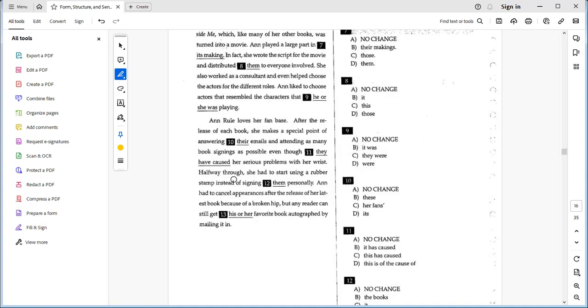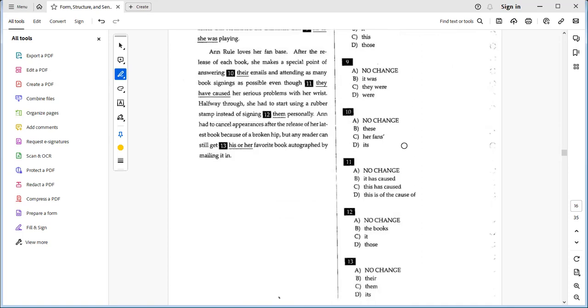Abdul Munam, 7 right, 8 right, 9 wrong, 10 right, 11 wrong, 12 right, 13 right. Ziad, 7 right, 8 right, 9 wrong, 10 right, 11 wrong, 12 wrong, 13 wrong.